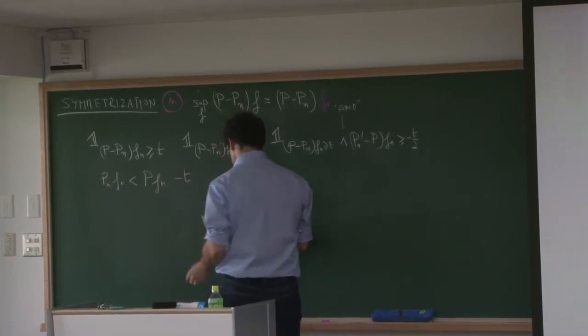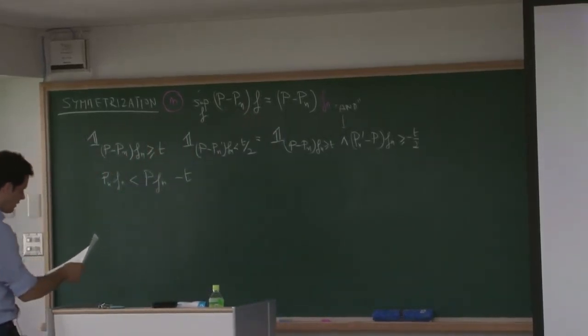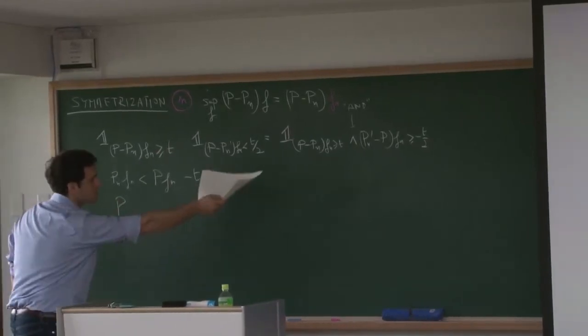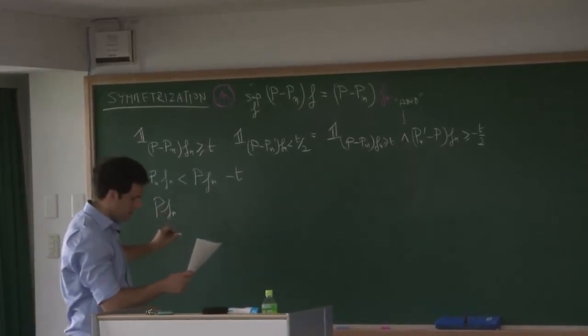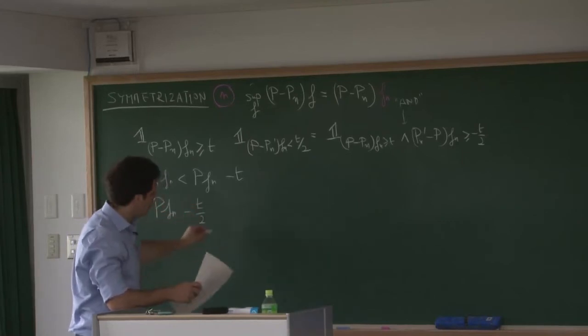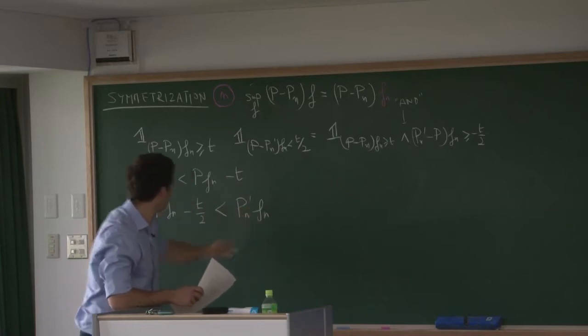And I also have that, the second one, P of Fn minus t divided by 2 is smaller than Pn prime of Fn, okay?